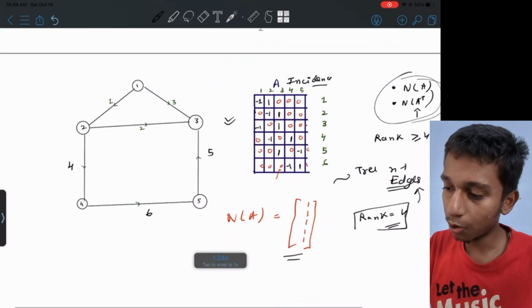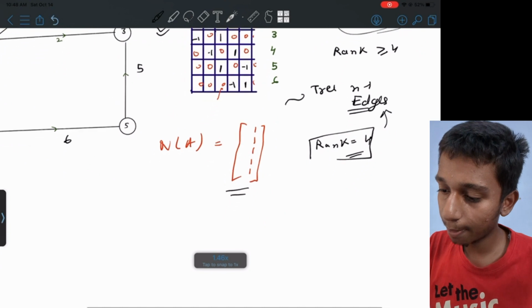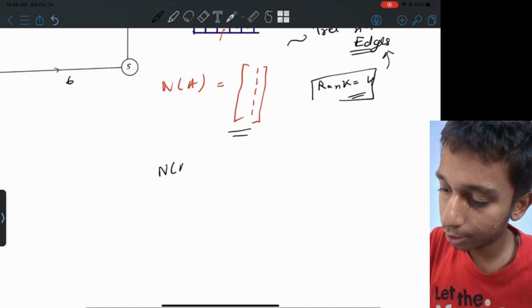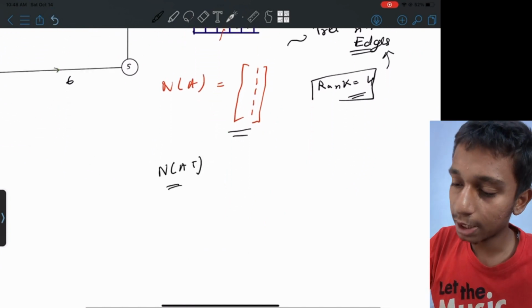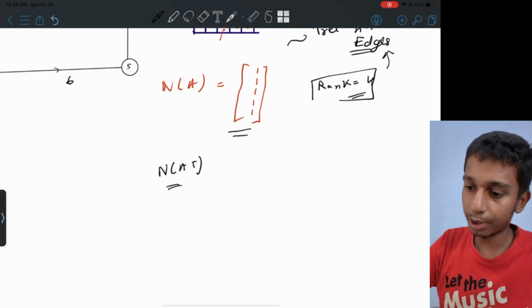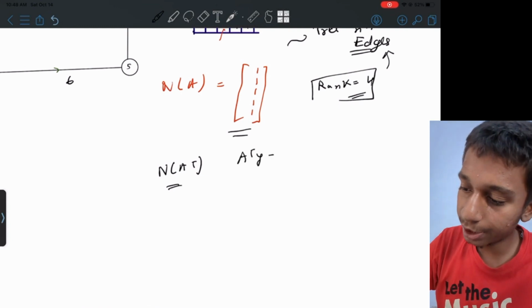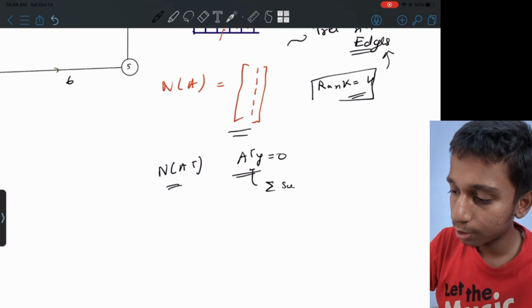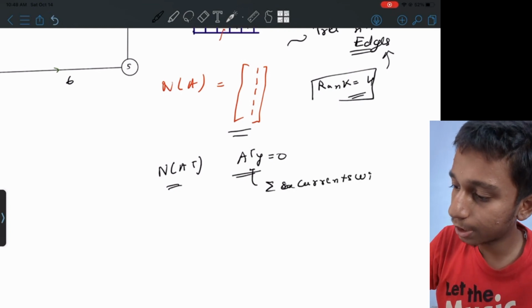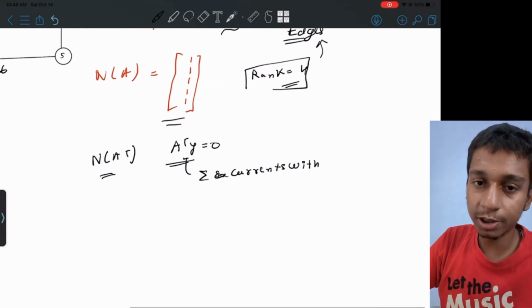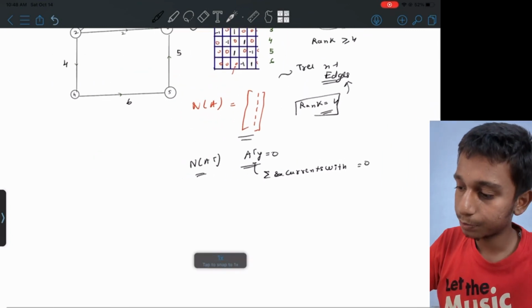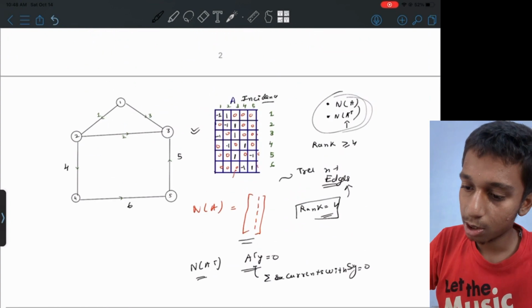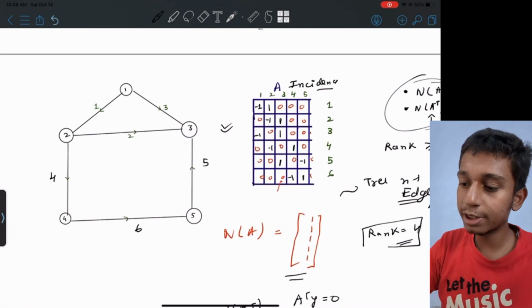And now moving on to the A transpose matrix, if we want to find out the null space of A transpose, that just means that it is trying to get the solution for A transpose y equals 0, where we want the sum of currents with sign at a specific node to be 0, which is the same statement as the KCL.